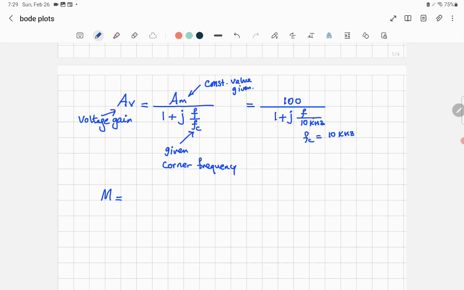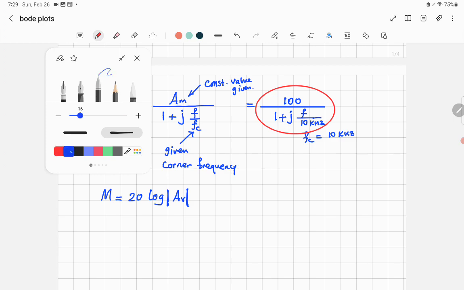So the magnitude will be equal to 20 log the magnitude of Av. Why am I using magnitude? Because it's a complex number that we have in our hand here. And since we have a complex number, it will have a magnitude and an angle.